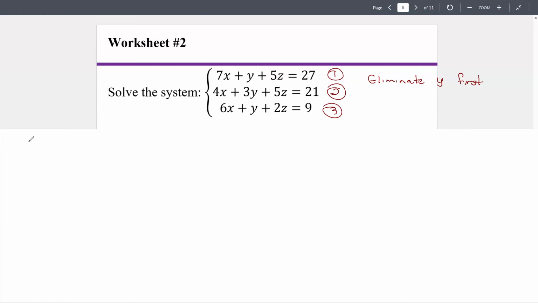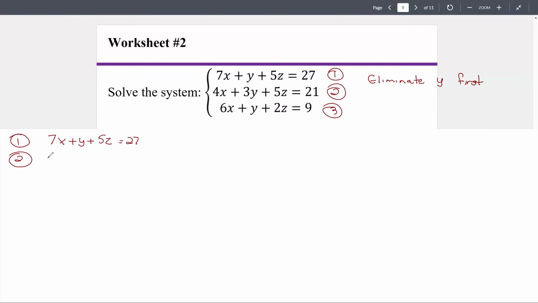So the combination, I used 1 and 2, I think. Yes, 1 and 2. So we have 7x plus y plus 5z equals 27.